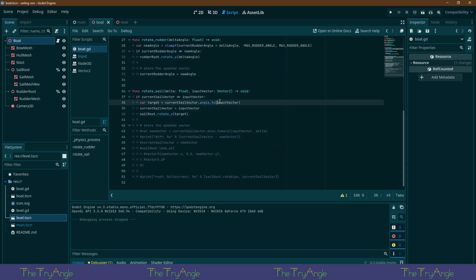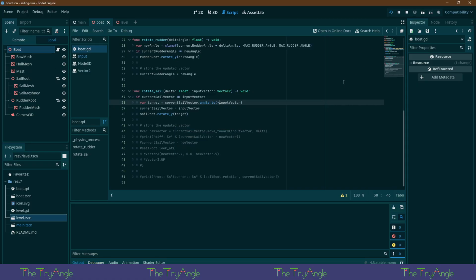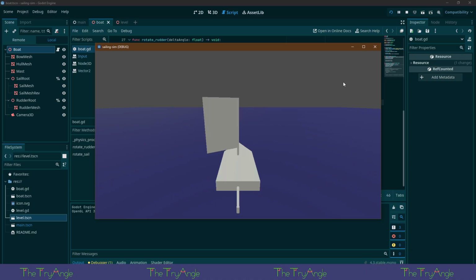What if I just flip the vector? It's weird. If I just do this, it looks like I've got really wide sails, which is awful. It's also still going in the opposite direction.